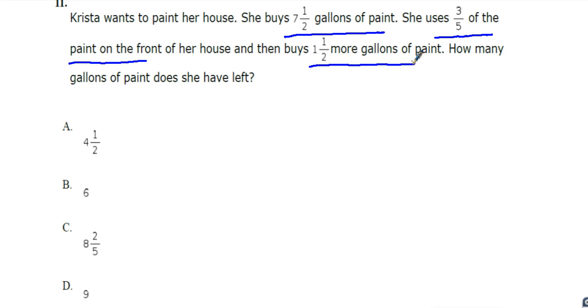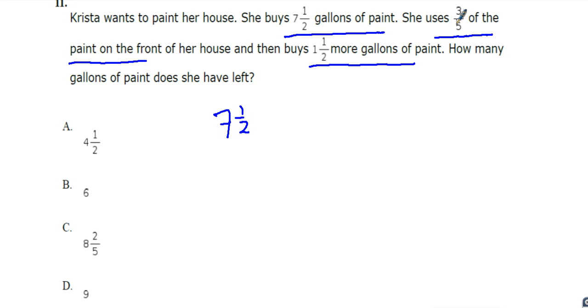So this is just a series of operations to see if you can multiply and divide with and add and subtract fractions. So if I start with 7.5 gallons of paint, she uses 3/5 of the paint. So if she uses 3/5 of the paint, we first have to find out what 3/5 is and then take that away.